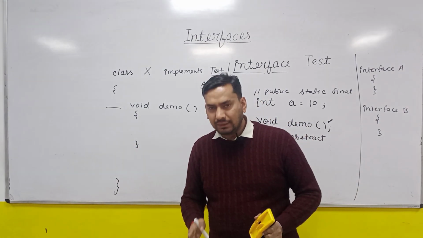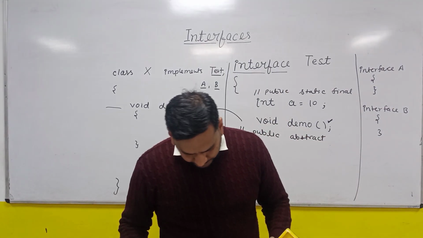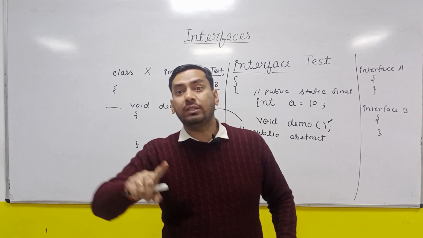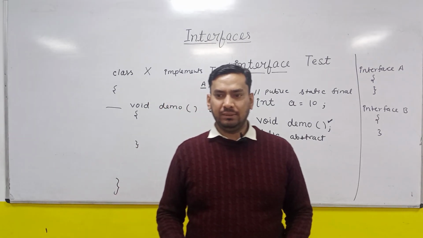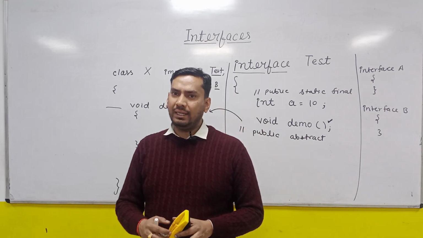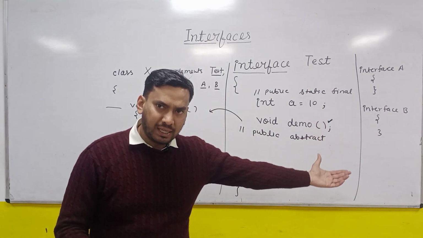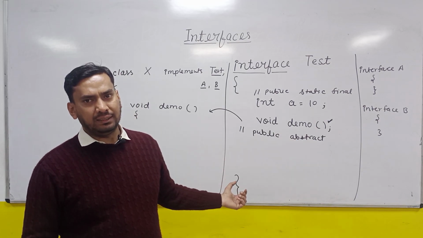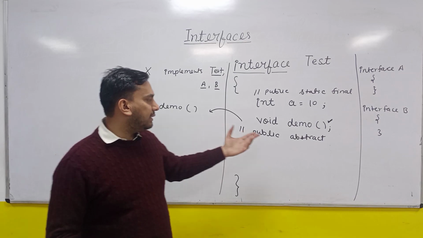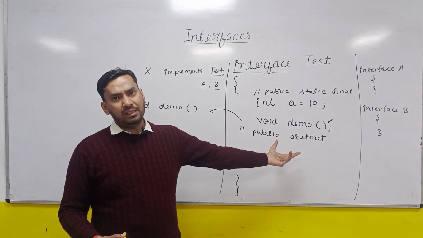So the overriding rule is that during the overriding you cannot reduce the accessibility level. This is the first rule of overriding. Overriding is redefining the parent class method in the child class with the same name and same signature. You can neither change the name nor change the parameters.